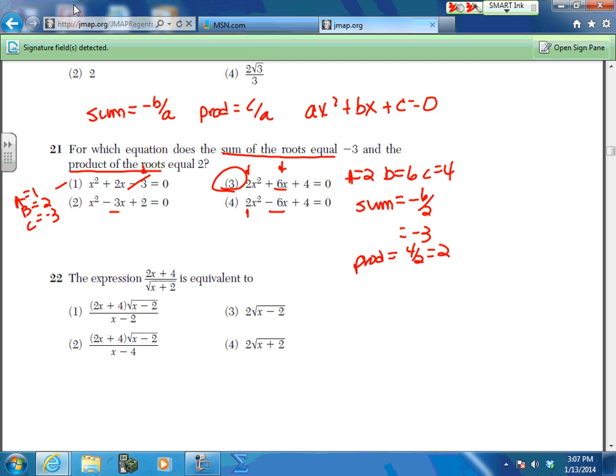Okay, number 22, we're looking at one term, and they want to find the equivalent, which means that we have to rationalize the denominator. Now, when you rationalize this denominator, you multiply by radical 3.